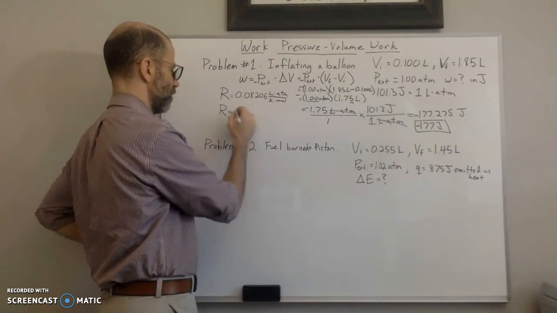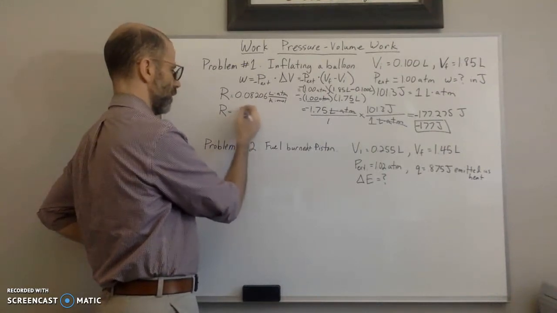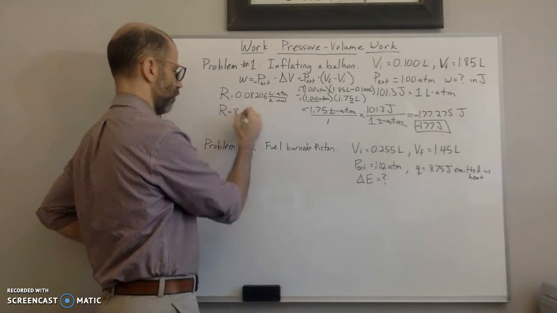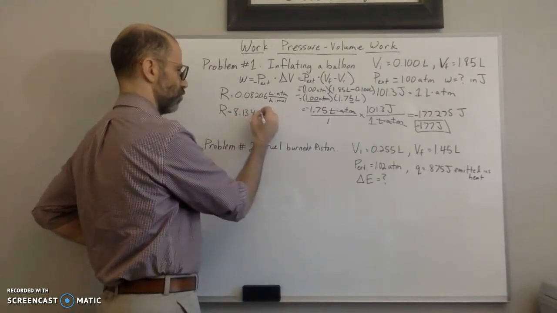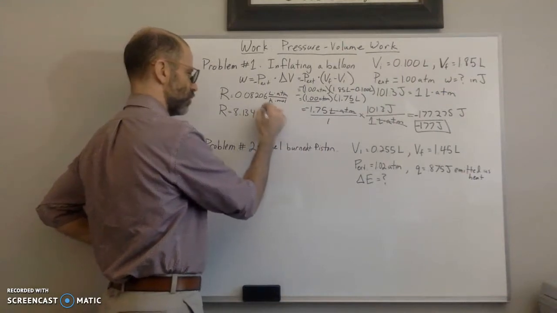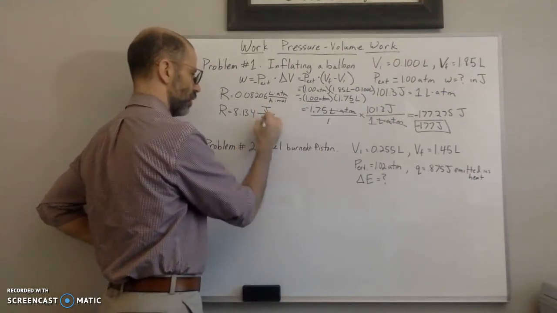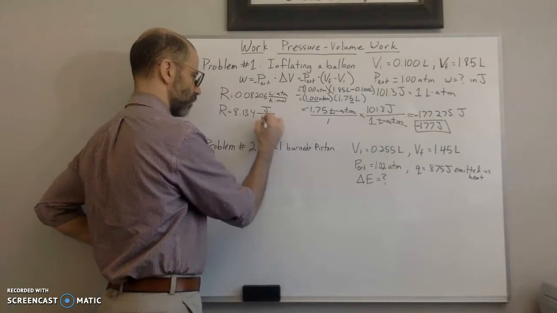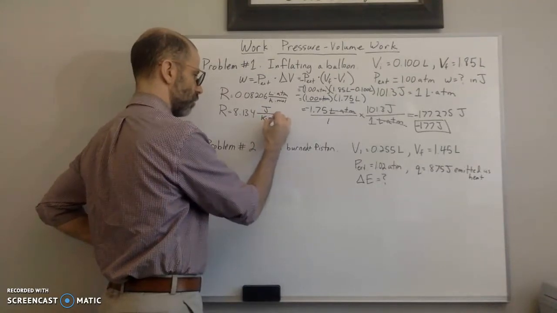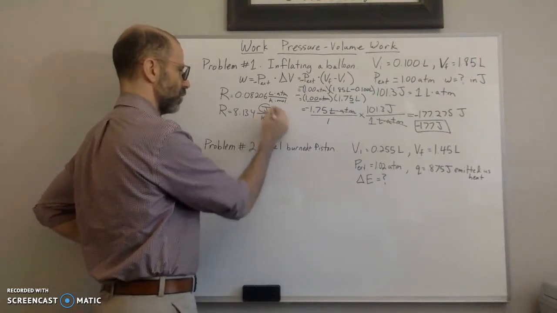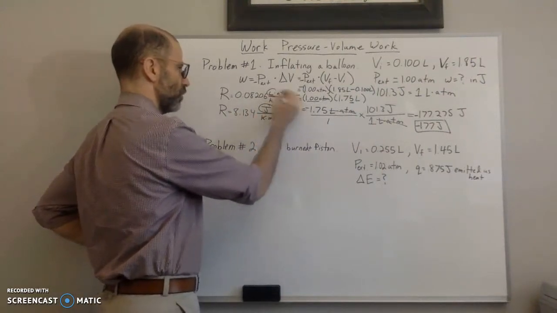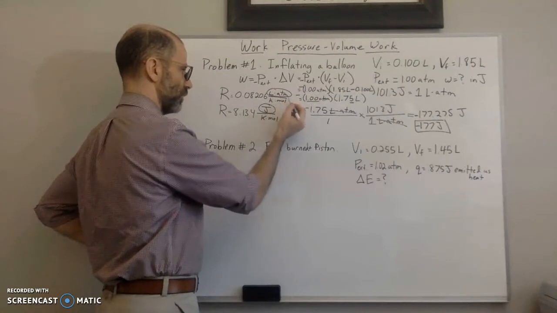I think it's something like 8.314 or so. If you look at the units, they're joules per Kelvin mole. So you may have wondered about this, going from joules to liter atmospheres.